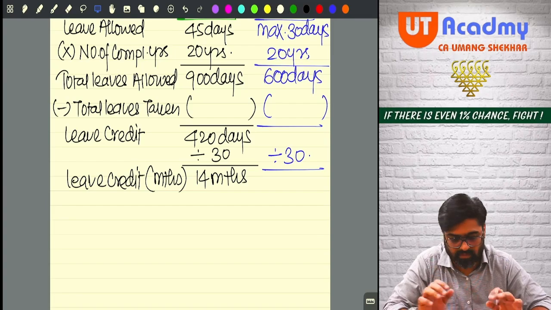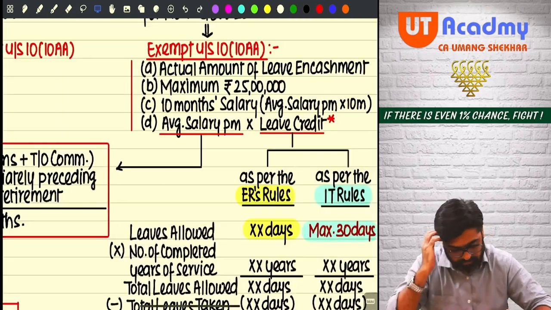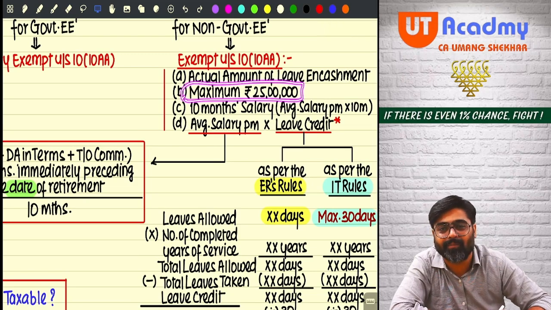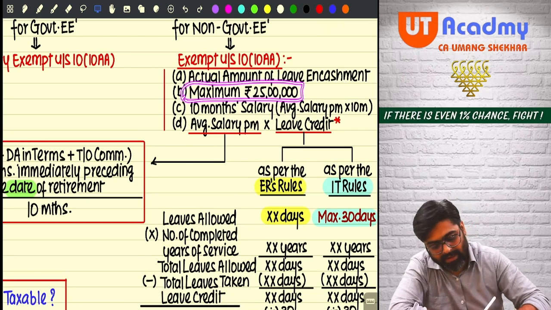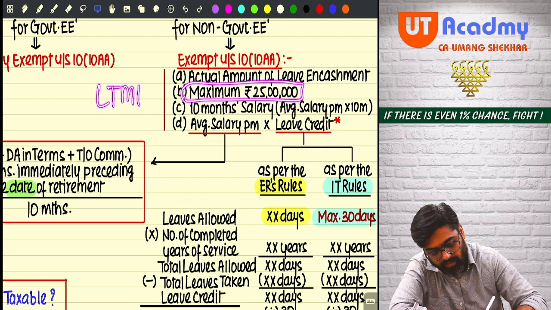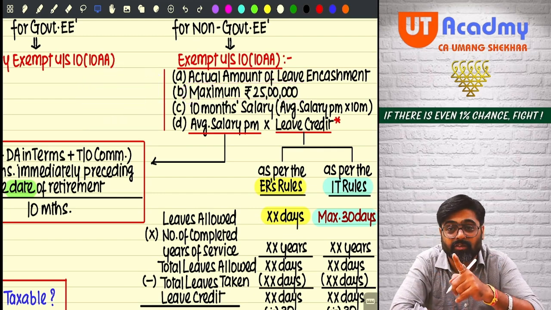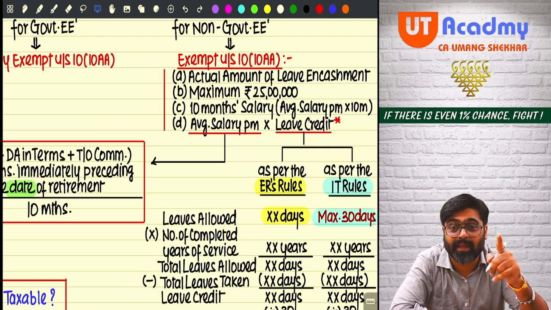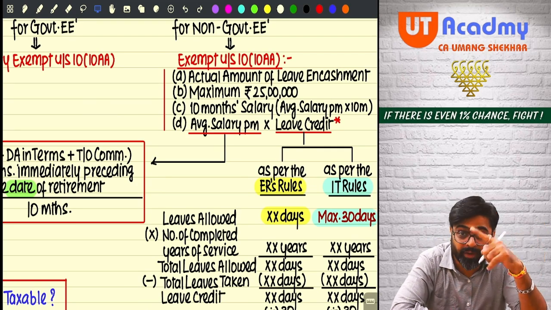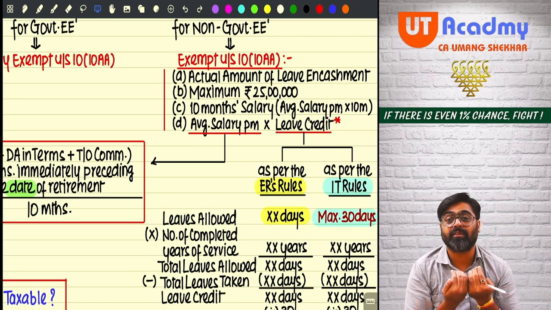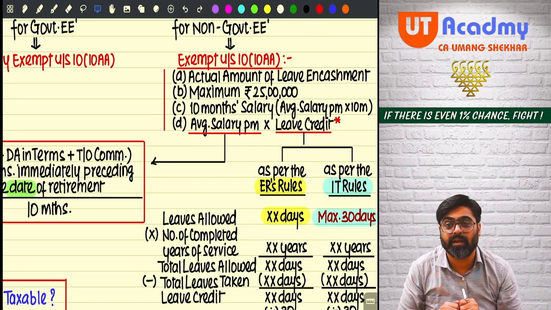Sure? Okay. Now pay attention. Now this 25 lakhs maximum exemption limit is there. Let me write down LTME here. This is also lifetime maximum exemption. So in your entire life, how many times can you claim the exemption under section 10(10AA)?